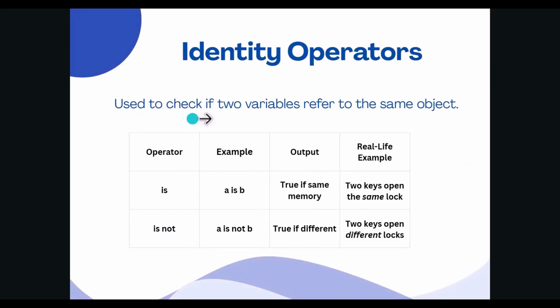Next one is identity operator. It is used to check if two variables are the same object in memory. For that, the operators are is and is not. So this identity operator checks not just same values but the same memory object.